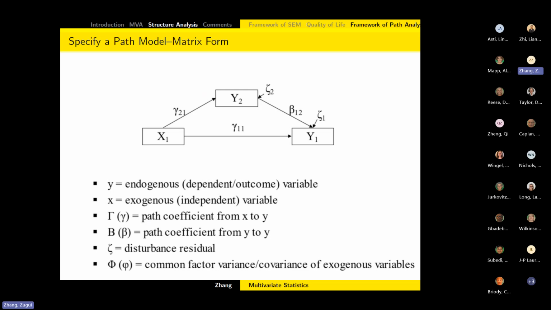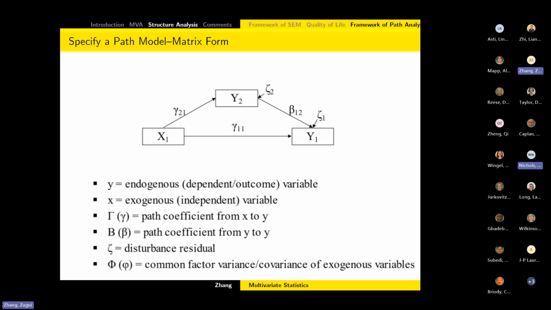For example, angina-related disease can contribute to the overall health status. And we have this path coefficient from an independent variable to outcomes, and also from one outcome to another.